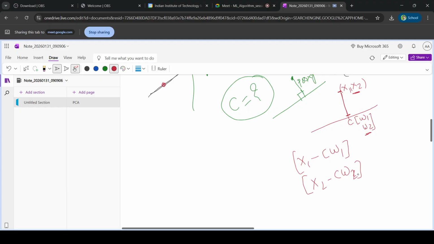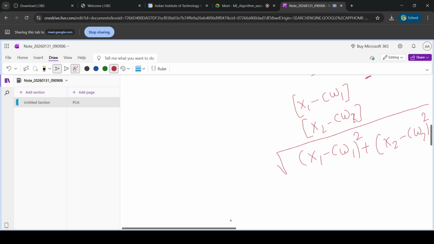These are the coordinates. You want to find the length, so the length is x1 minus c w1 squared plus x2 minus c w2 squared, and this will come under a square root.